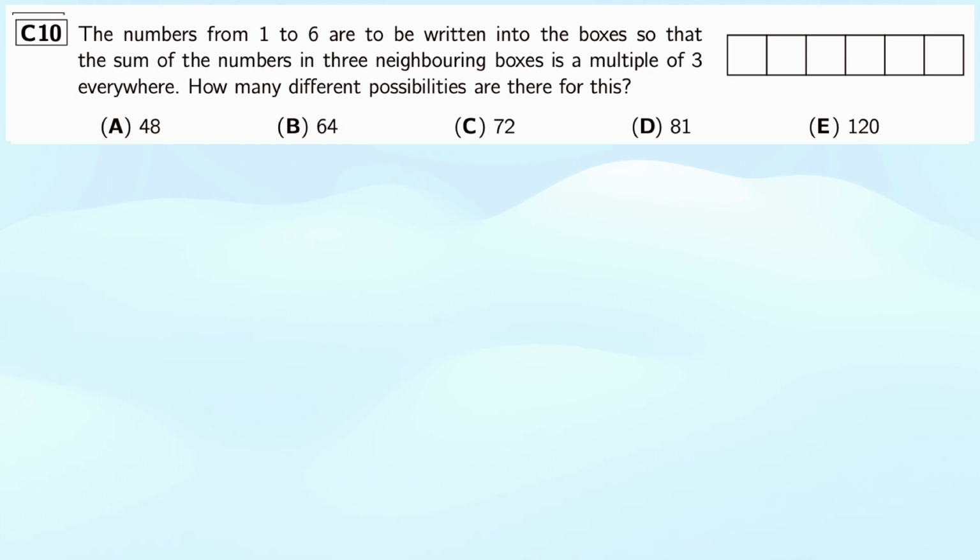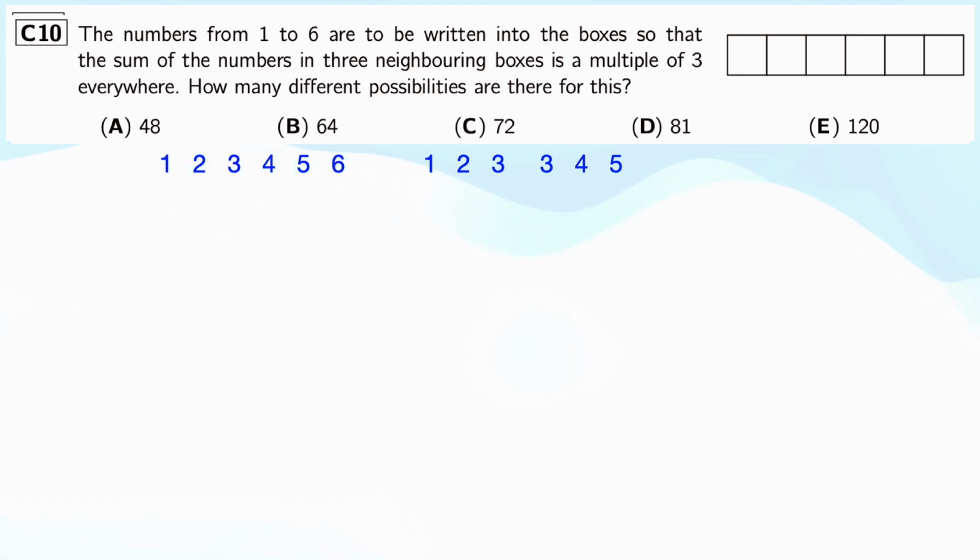Let's first look at these 6 numbers, 1 to 6. How can we arrange them so that every group of 3 numbers adds up to a multiple of 3? Let's look at 2 possible combinations. The first one, just as an example, 1, 2, 3 add up to 6, and 3, 4, 5 add up to 12.